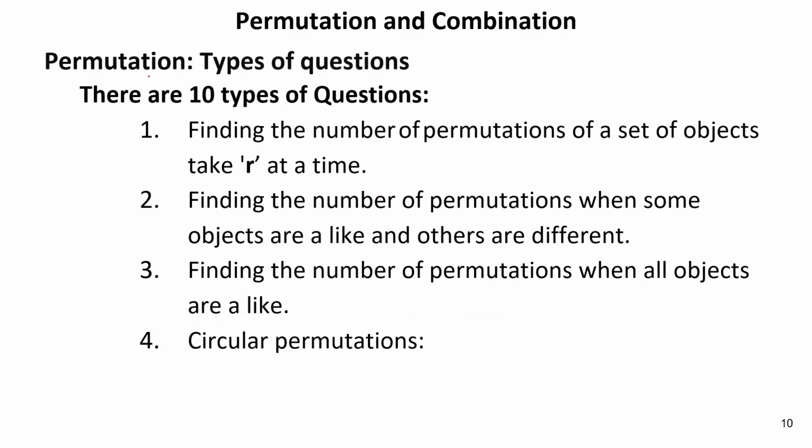So let's see the types of questions usually asked on permutation in various competitive exams. There are 10 types of questions. The first type is finding the number of permutations of a set of objects, n objects taken r at a time.